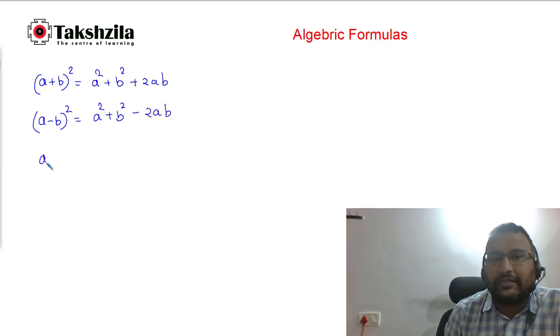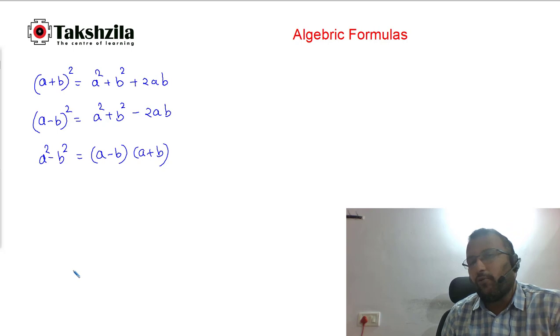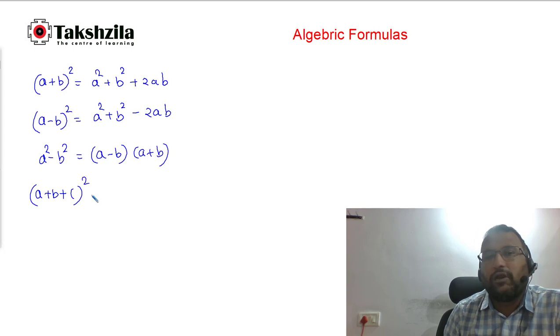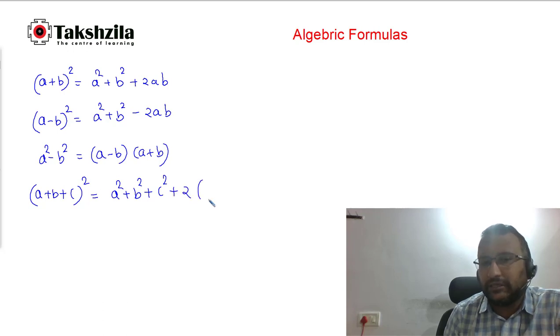And after that, a square minus b square is equal to (a minus b) into (a plus b). One more formula is (a plus b plus c) whole square. This is equal to a square plus b square plus c square plus 2 times (a into b plus b into c plus a into c).